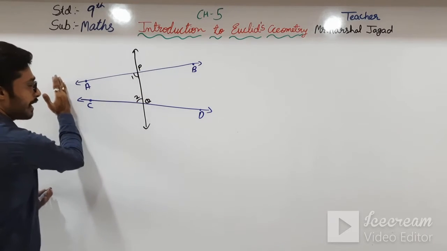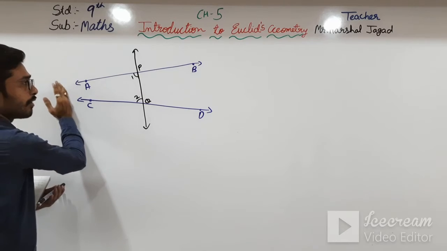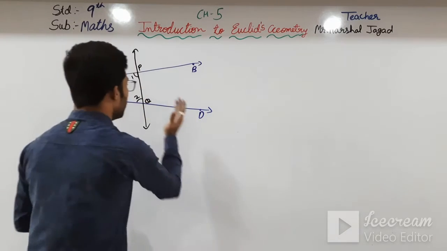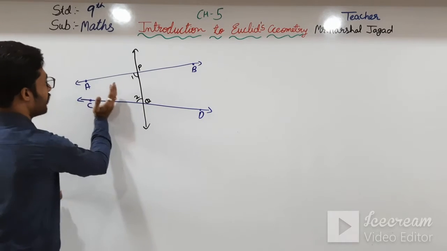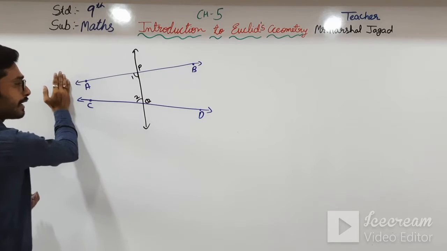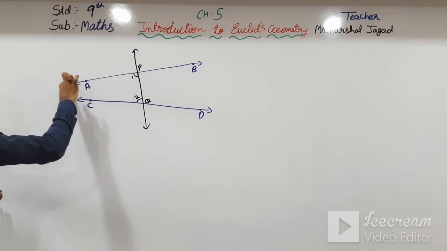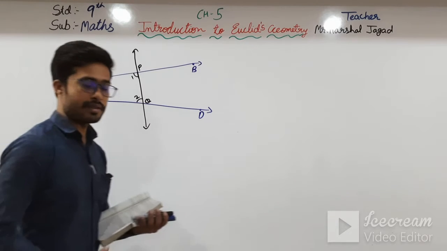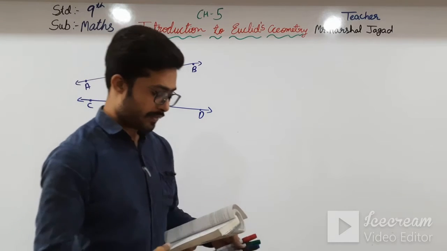Means on this side of it a point will be formed, but on the right side the point cannot be formed. It is less than 180. So on the left-hand side of PQ a point can be formed, further at some distance. Okay students, the point can be formed.